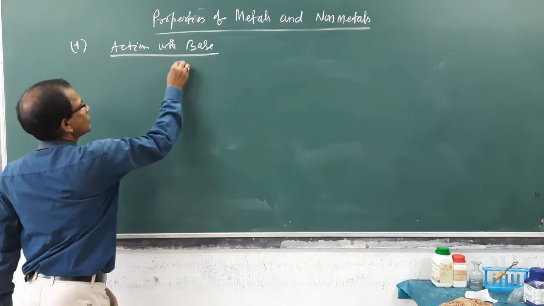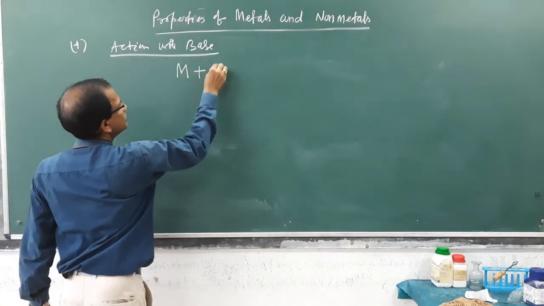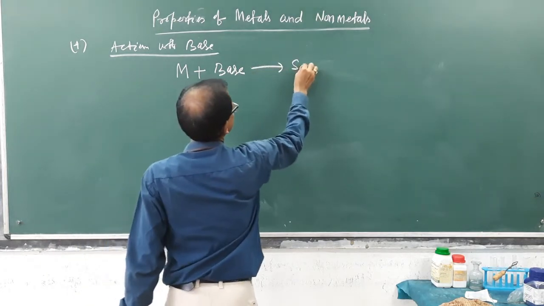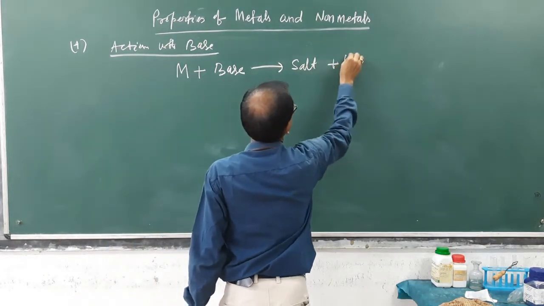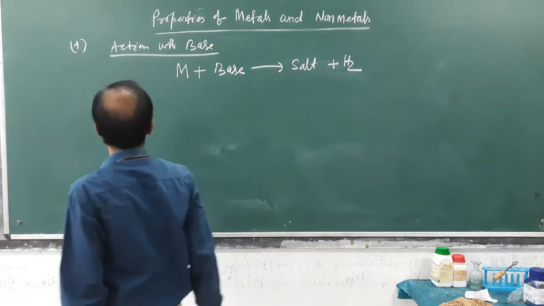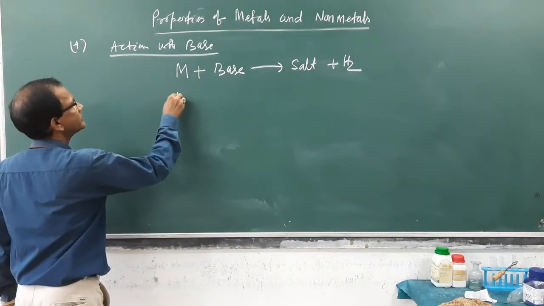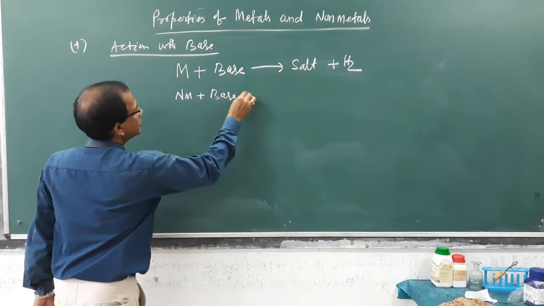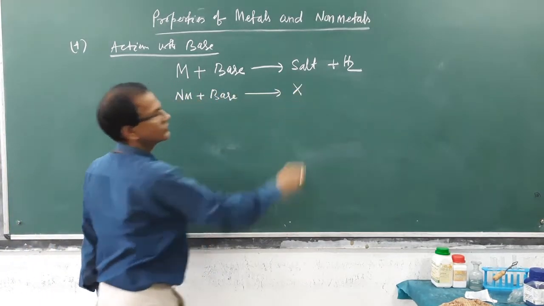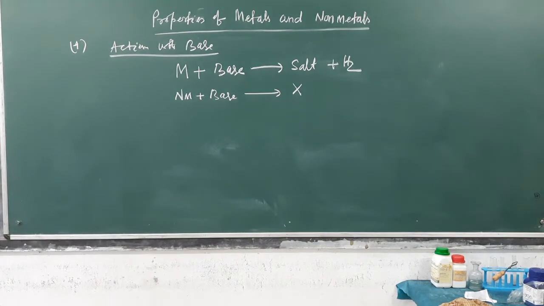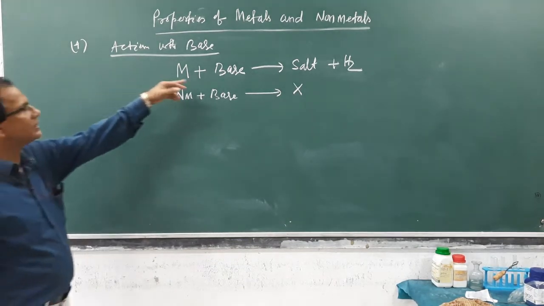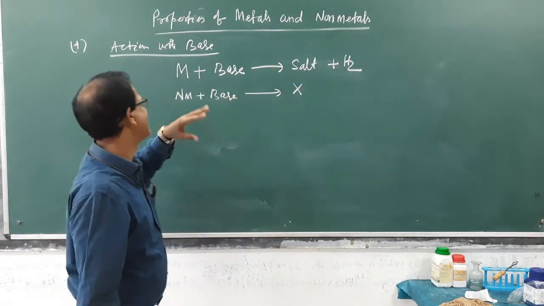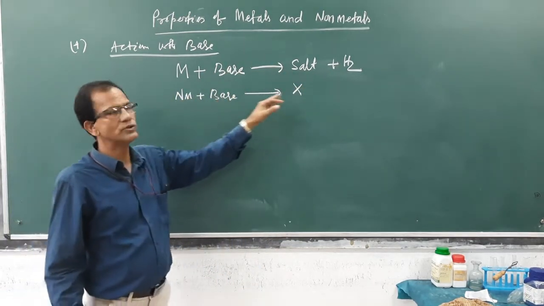Some selected metals with base produce salt and hydrogen. But non-metals with base, no reaction. This is the difference between metals and non-metals. Metals react with base, producing salt and hydrogen gas like with acids. Non-metals with base, no reactions.